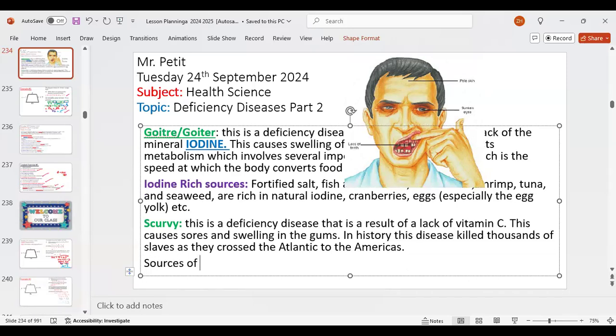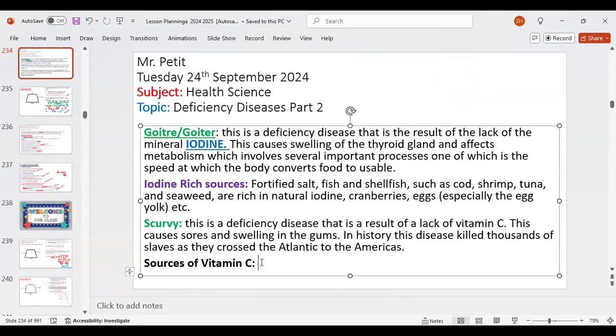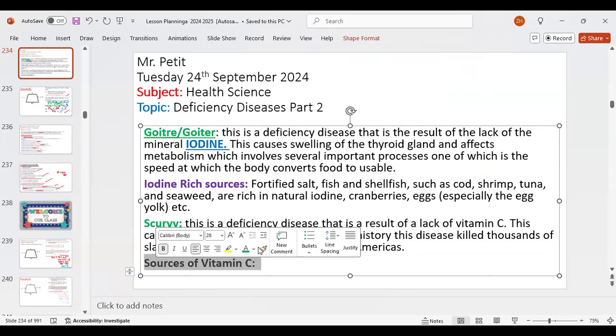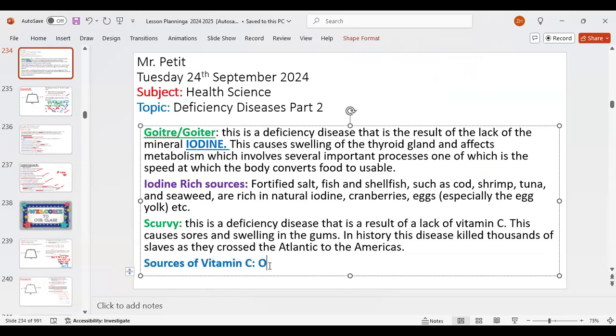So sources of vitamin C, everyone should know this. The sunlight. Milk. No, it's vitamin C, not vitamin D. Orange. Orange, thank you. Lemon. So any citrus. Citrus food, yeah. So oranges, limes, grapefruit. What else?